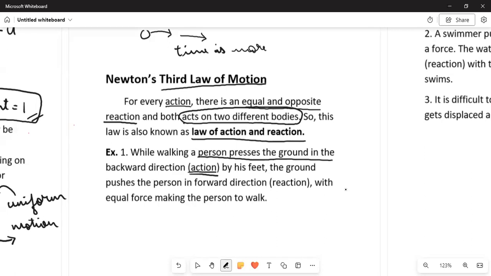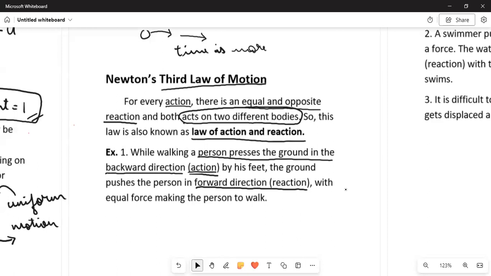And in the reaction part, what happens? The ground pushes the person in the forward direction with equal force, making the person walk.